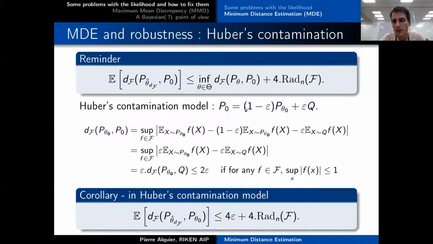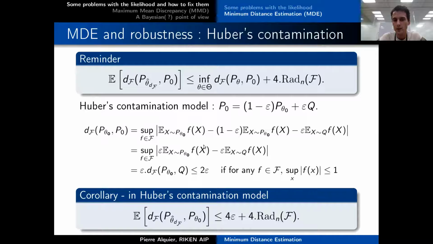So if P naught is 1 minus epsilon times P theta naught plus epsilon times some probability Q, just by rearranging terms in the definition of the integral probability metric and then using the triangle inequality, you see that, on the condition that the class of functions that you use in the minimum distance metric is bounded by 1, the distance between P theta naught and P naught will be smaller than a constant times epsilon.